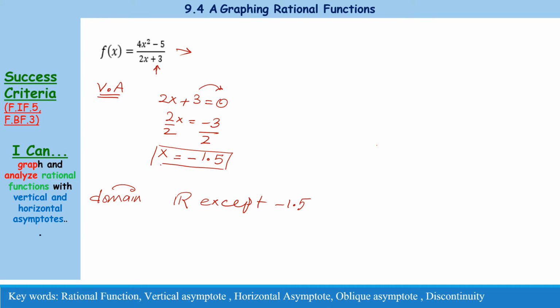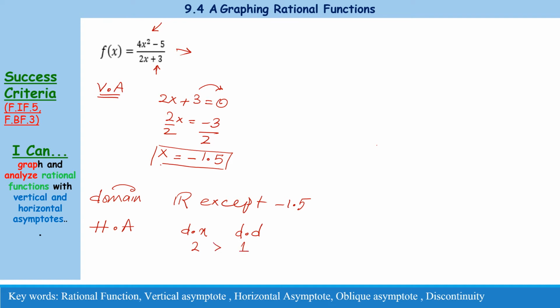Now the second thing is the horizontal asymptote. For the horizontal asymptote, we focus on the degree of the numerator and the degree of the denominator, and then we decide where our horizontal asymptote possibilities are. The degree of the numerator is 2, degree means the power, and the degree of the denominator is 1.